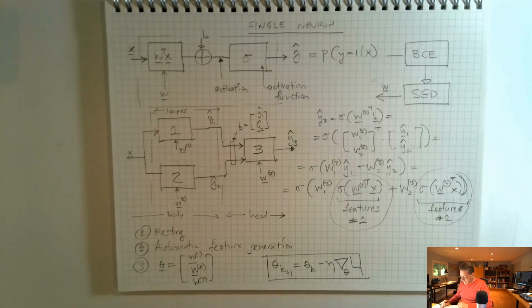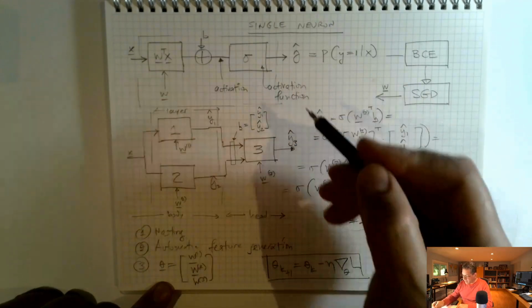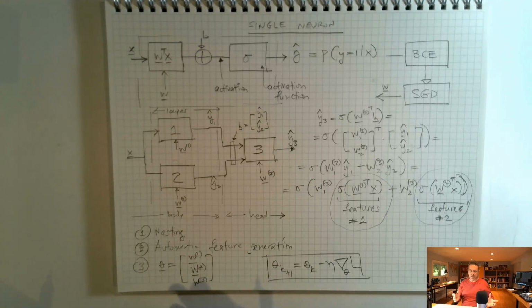So here we have how many? We have basically 6 parameters here, plus the 3 bias terms, which I didn't write explicitly, let's say 9. So this stochastic gradient descent will actually be searching in this 9-dimensional space to find this optimal theta star gradually, as we have discussed before.